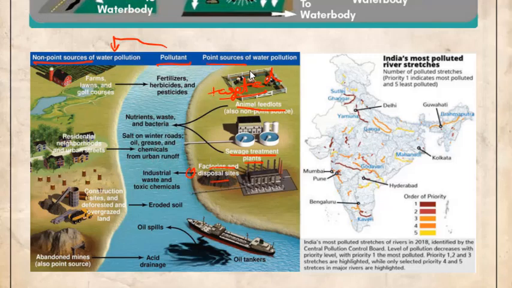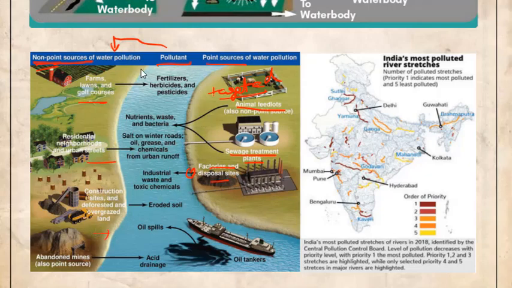So we divide it into point source and non-point source. It is difficult to target the non-point source because farmlands and this golf course, how are you going to target this area? All this water will flow, meaning runoff will flow into the water body. Next are residential neighborhoods and urban streets. This also comes in the non-point source. Construction sites and deforested and overgrazed land also come in the non-point source.